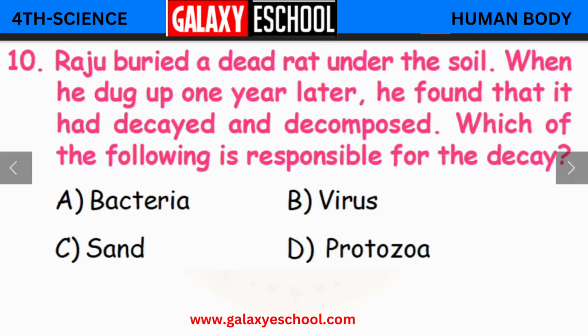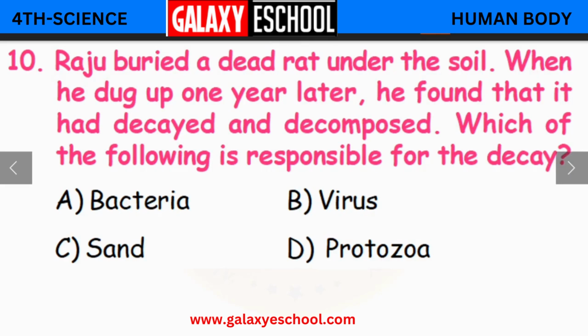Raju buried a dead rat under the soil. When he dug it up 1 year later, he found that it had decayed and decomposed. Which of the following is responsible for the decay? So Raju buried the rat, which was dead, under the soil.